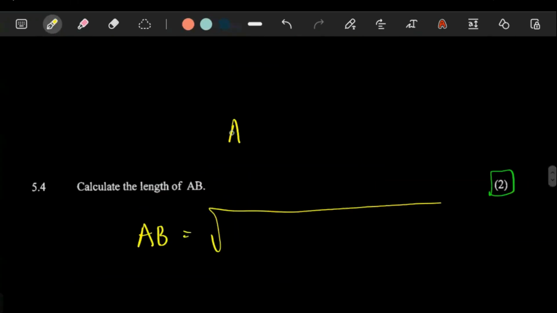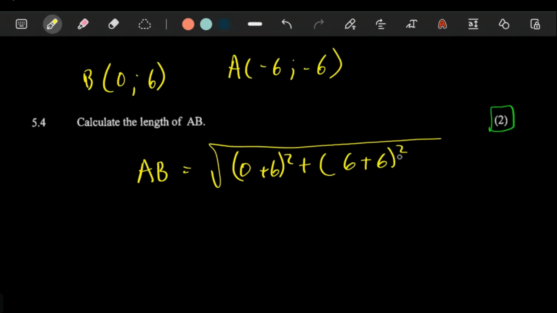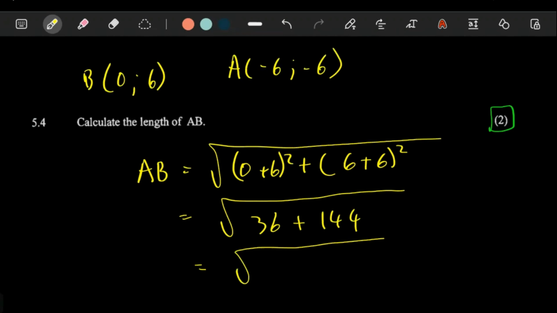So that's 36. 6 plus 6 is 12, squared is 144. This is going to give you 36 plus 144, that's 180. So this is all in all the square root of 180.